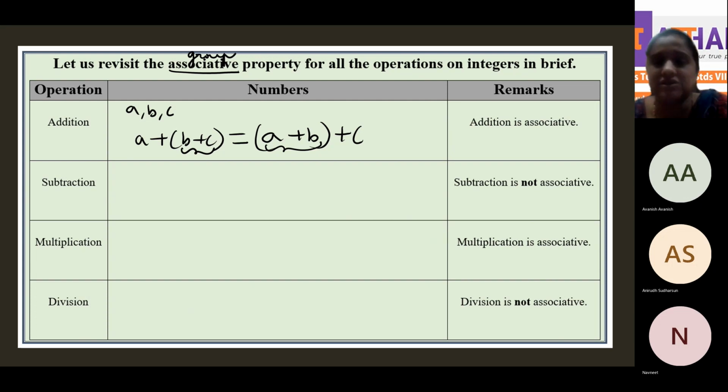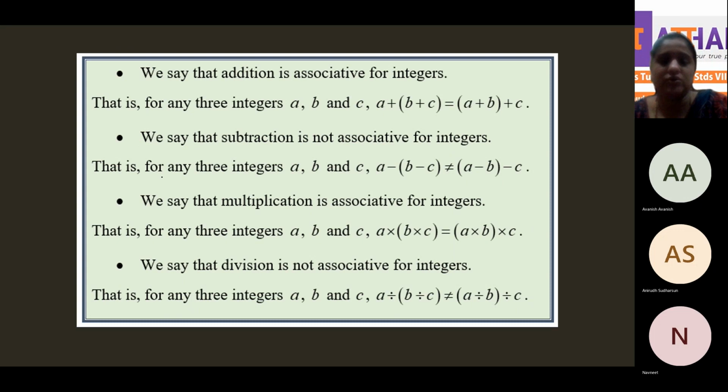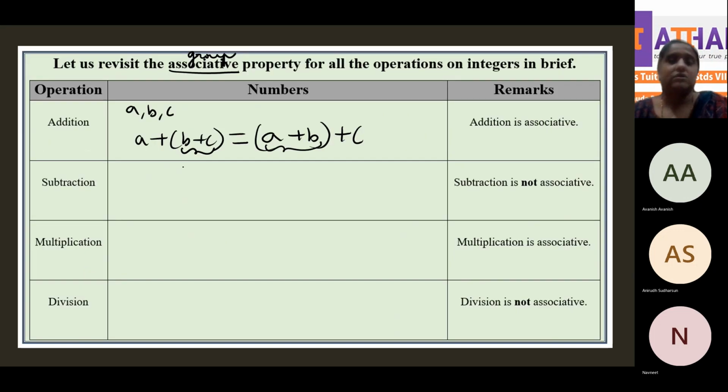So we say that addition is associative on integers. You have the description here, children, so don't worry about it.